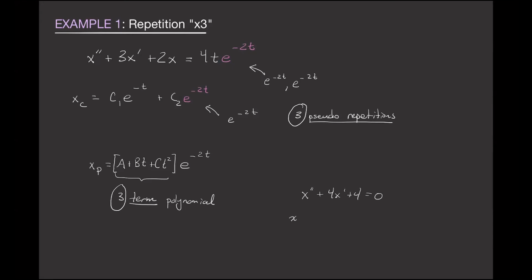The complementary solution in that case would end up being, because there's a double root of -2, so r is equal to -2 twice, then we would say the complementary solution is c1 e to the -2t plus c2 t e to the -2t. Let's look at another example, and it'll be kind of a quiz example.